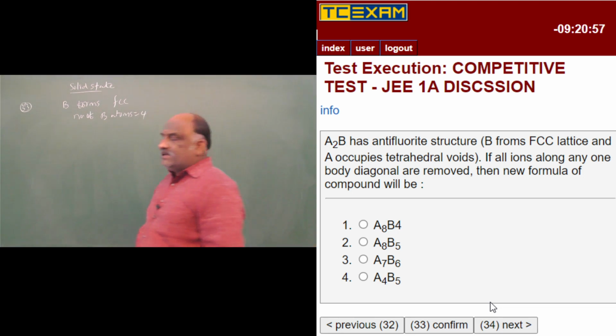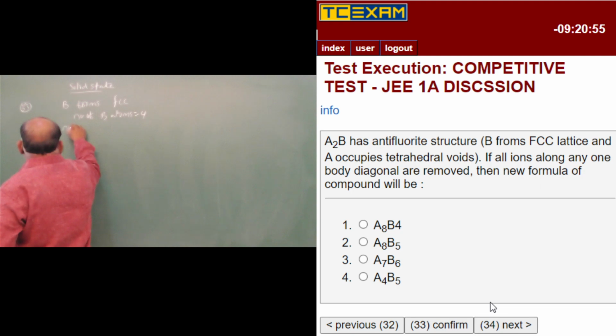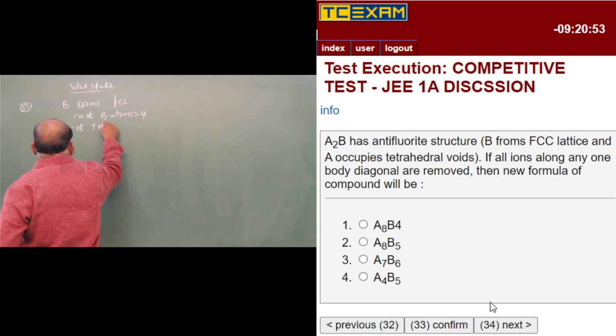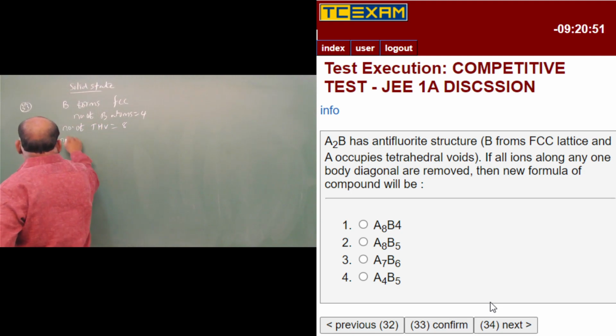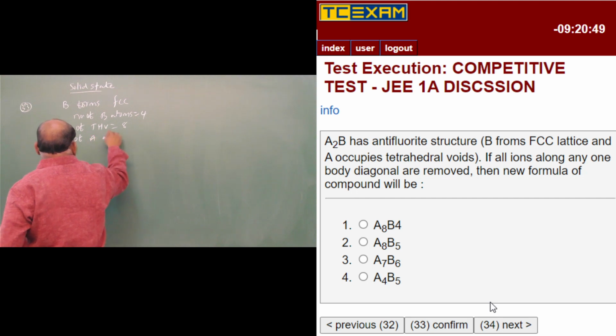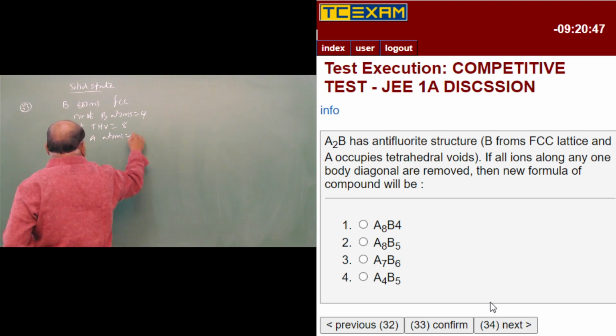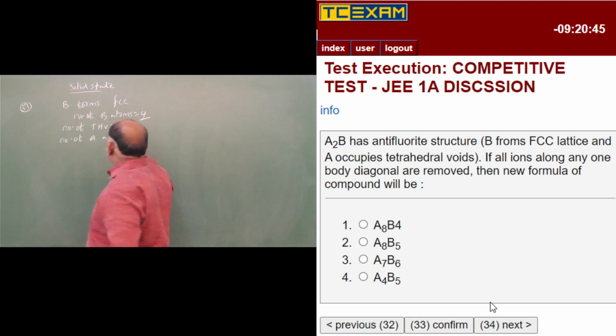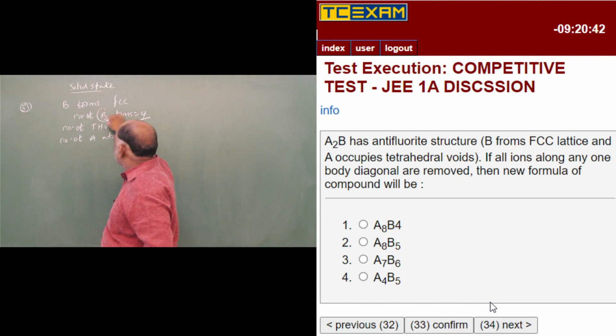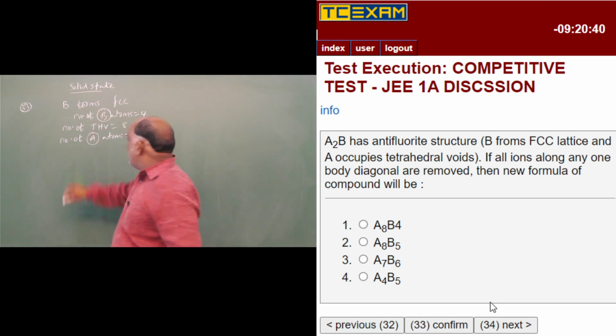A occupies tetrahedral voids: number of tetrahedral voids is 8, so number of A atoms is 8. Make a note: number of B atoms 4, number of A atoms 8.